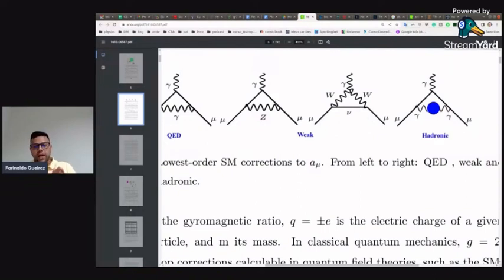At this point, several groups have computed this diagram, and they found different results. So it's hard to quantify precisely the standard model theoretical prediction for a mu.